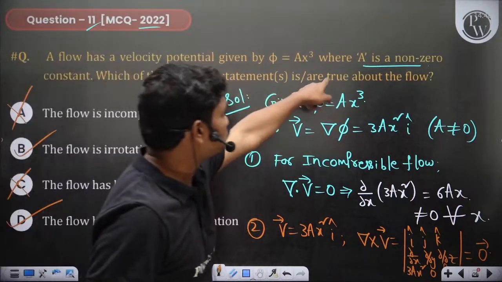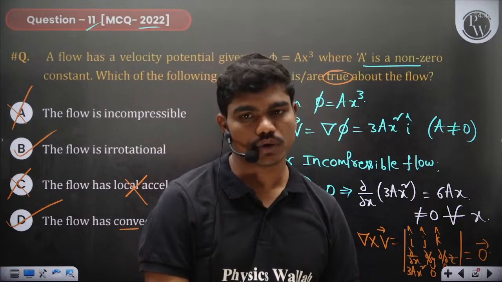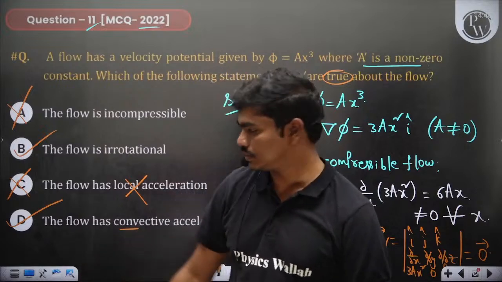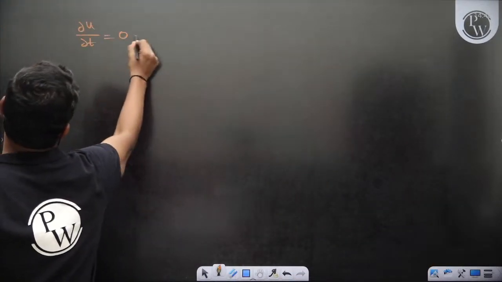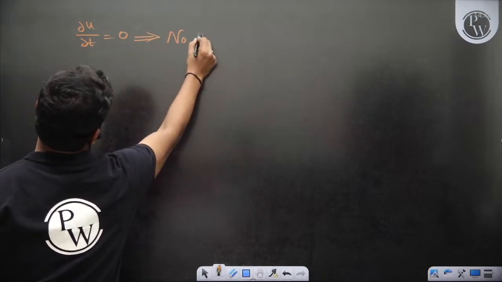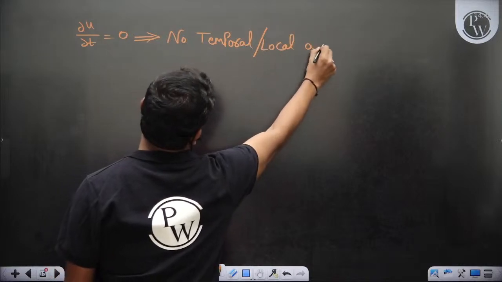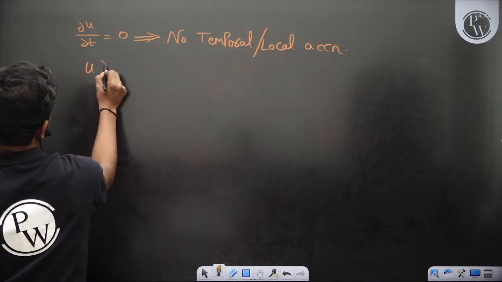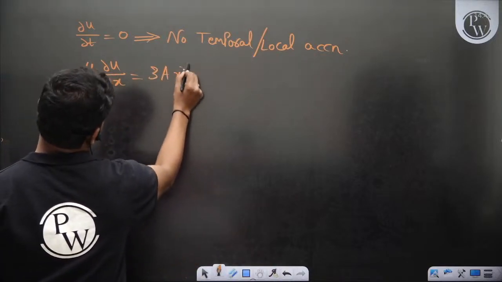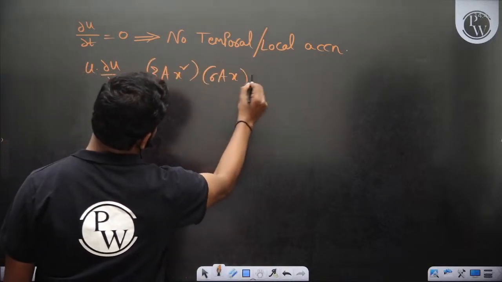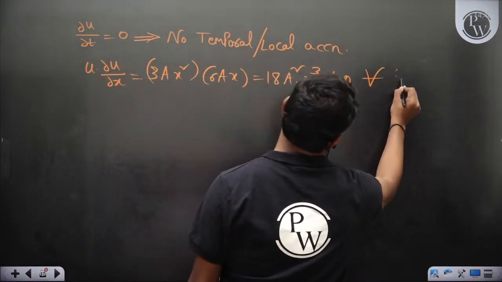Which of the following statements are true? So yeah, B and D are the correct answers. Because it's a steady flow, no? If you see, dou u by dou t is equal to 0. So this implies no temporal acceleration or local acceleration. u into dou u by dou x is equal to 3ax square into 6ax, which is 18a square x cube, not 0 for all x.